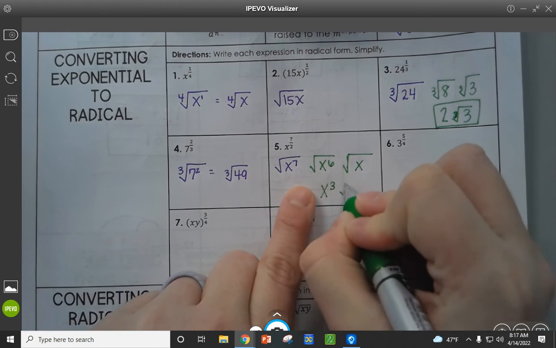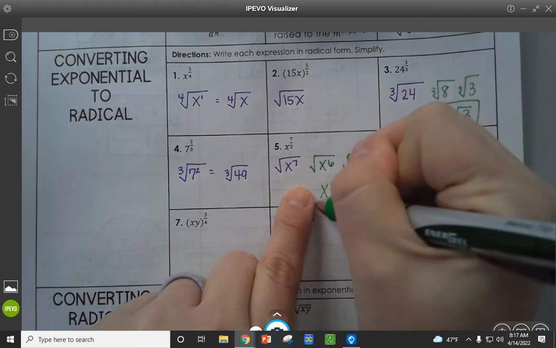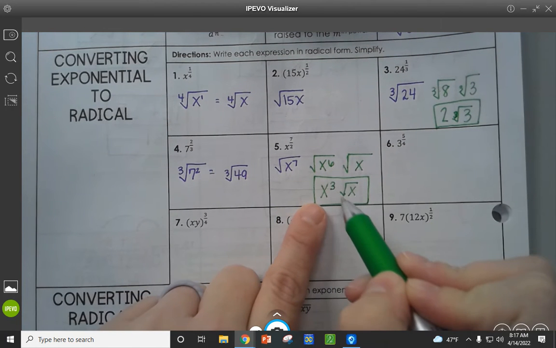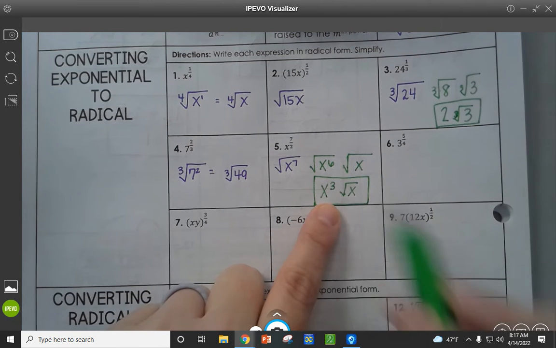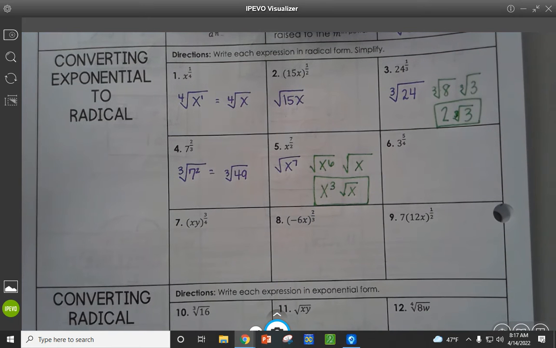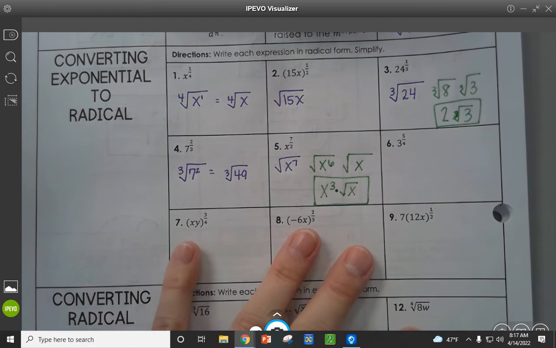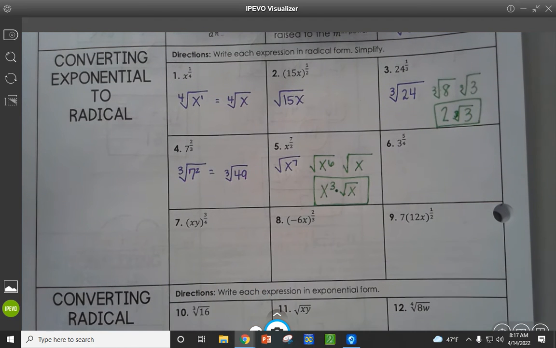So x cubed square root of x. And be very careful when you're writing these. When you write this 3, make sure it's spaced away from the square root. You don't want it to look like the cube root. Sometimes if you want, you can write a multiplication symbol in between there to make it a little bit more obvious.